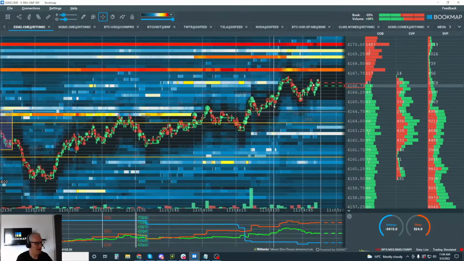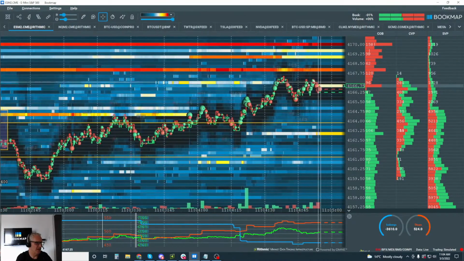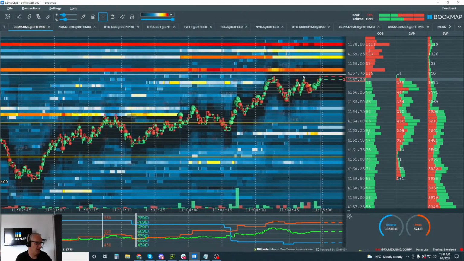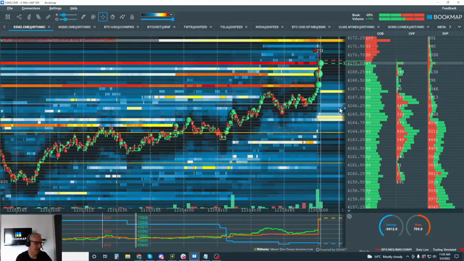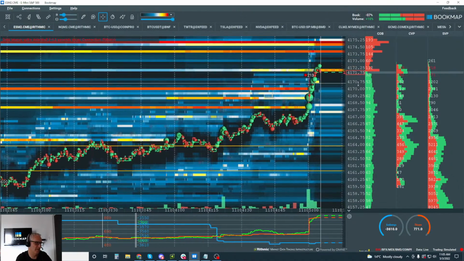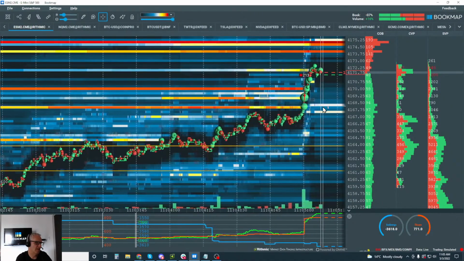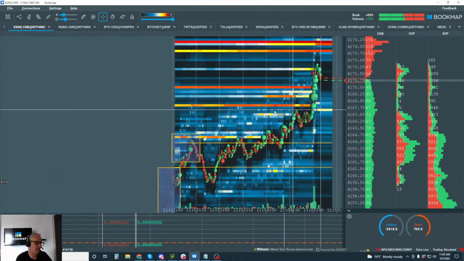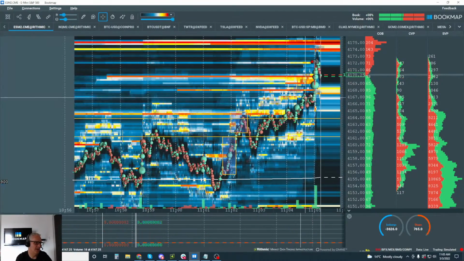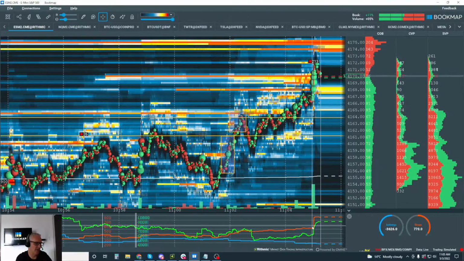Okay, so now let's see, does the buying start to wane up here? No, it's still auctioning, still going higher. There's 70, looking for 75. All right, that's going to be a nice stop run. It is.